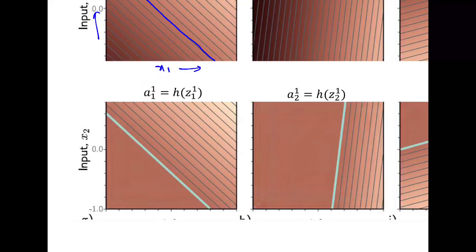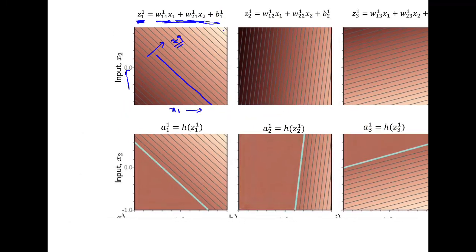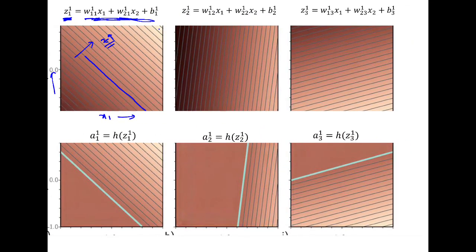So this is how it will look. My output as a function of input, my A1 as a function of x1 and x2 after my ReLU layer, after my activations. Same I can do for the second neuron. And here maybe the line of 0 is something like this. So left of this is all blank with the same color, which means Z is not changing if x1 and x2 are changing in this region.